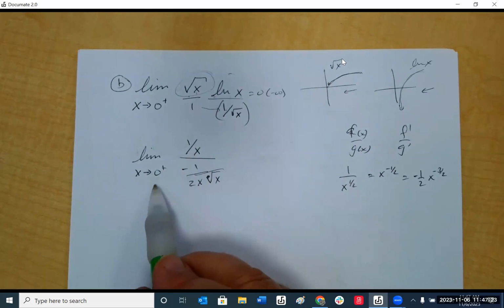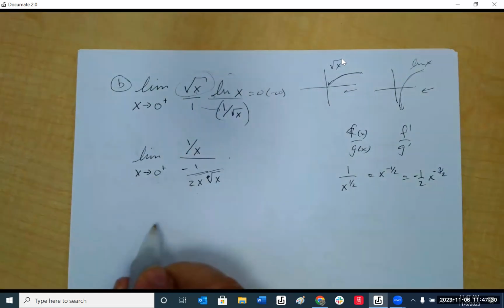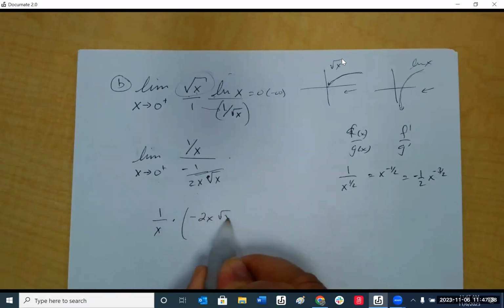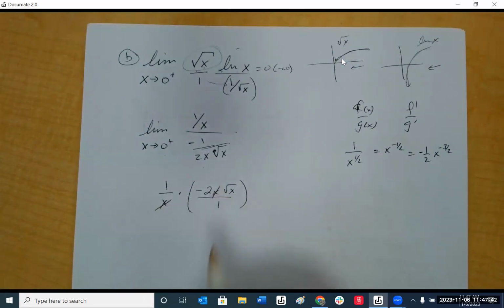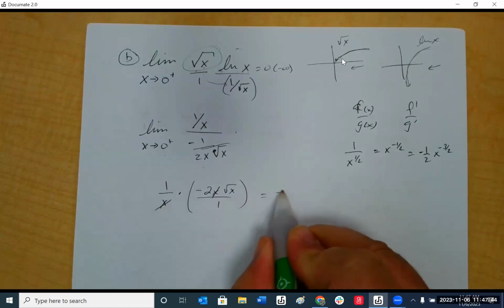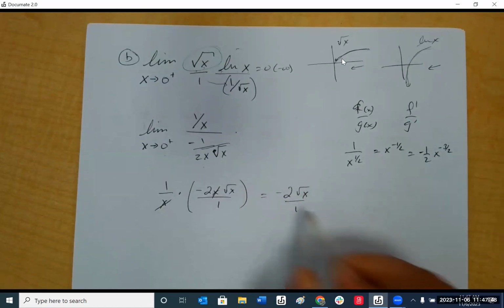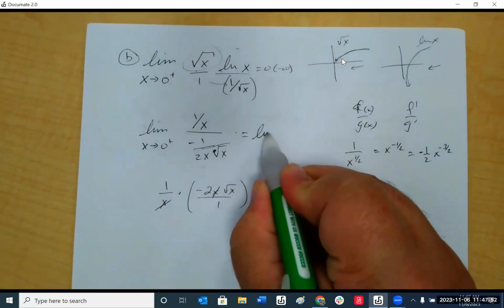Okay, so we're now at 0 over 0. But let's rewrite this, see what we have. We have 1 over x, times the flip of this one, which is 2x radical x over 1. The x's cancel. So we can't do L'Hopital's rule again.